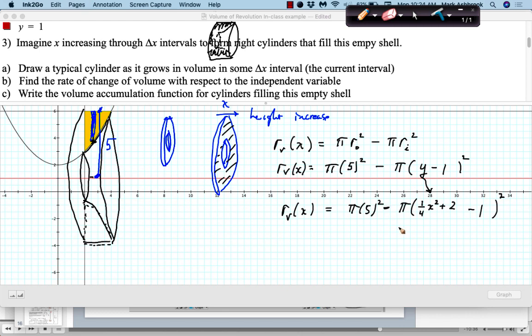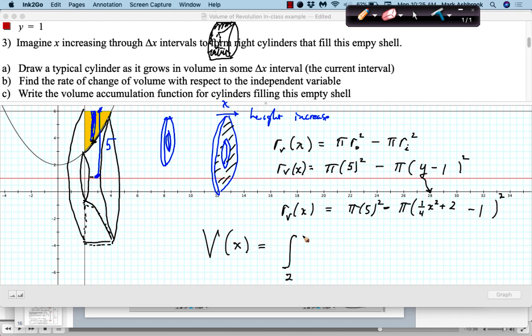Does it make sense? The volume accumulation function in terms of x is the integral from 2, right? So our starting x value to start accumulating now is 2, not 0.